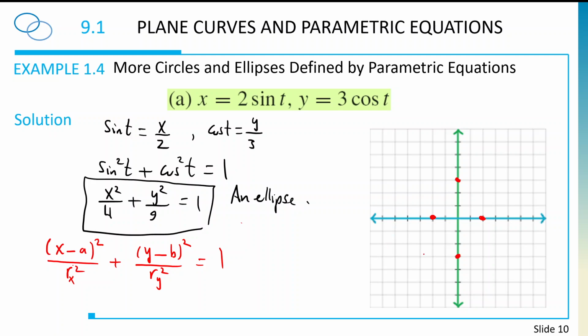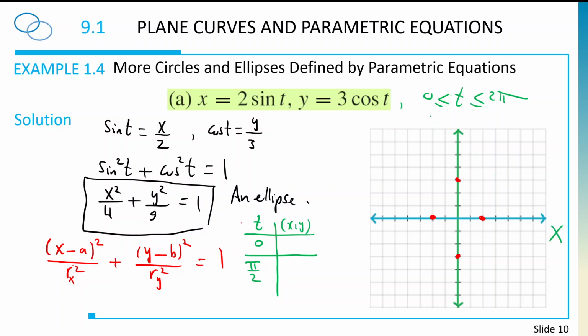Now the only task, we know it's an ellipse. We need just to show the direction, the orientation. To show the orientation, as we said before, we need only 2 points. Just take any 2 points within the given domain. Remember, the domain given here was t from 0 to 2 pi. So I'll take 0 and pi over 2, usually quadrant angles.